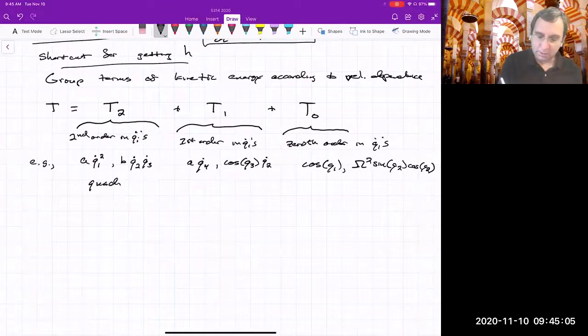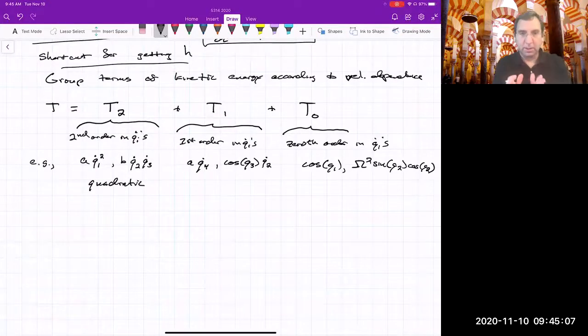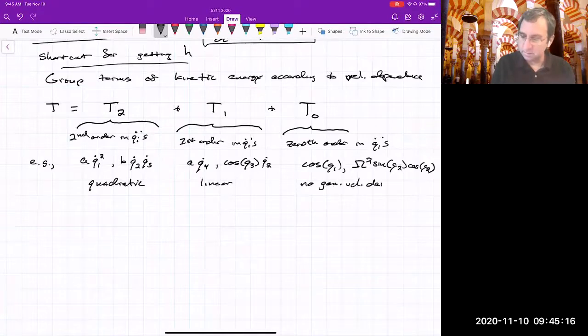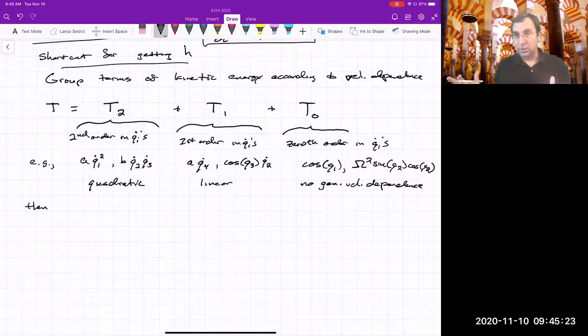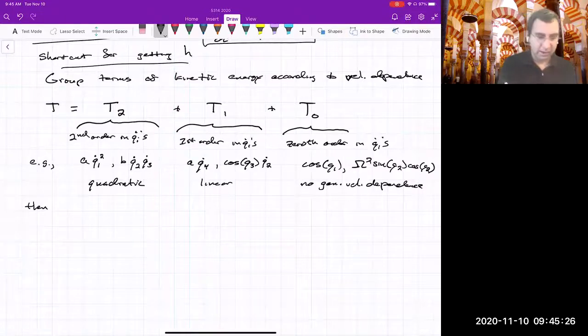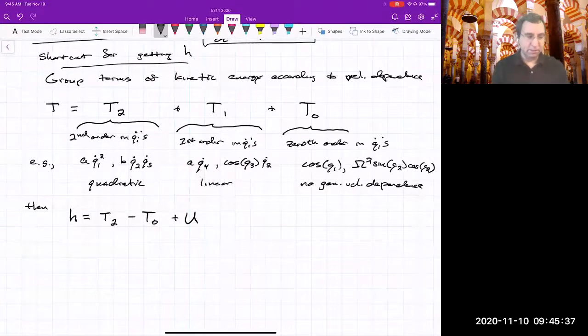So once you've got your kinetic energy, you could group things according to what terms are quadratic, what terms are linear, and what terms have no generalized velocity dependence. And once you've done that, and you've got your potential energy as well, but you don't have to divide that into anything, then the function H is equal to T2 minus T0 plus the potential energy.